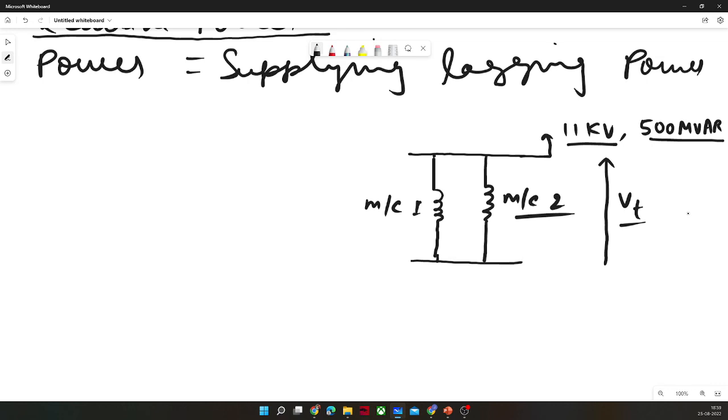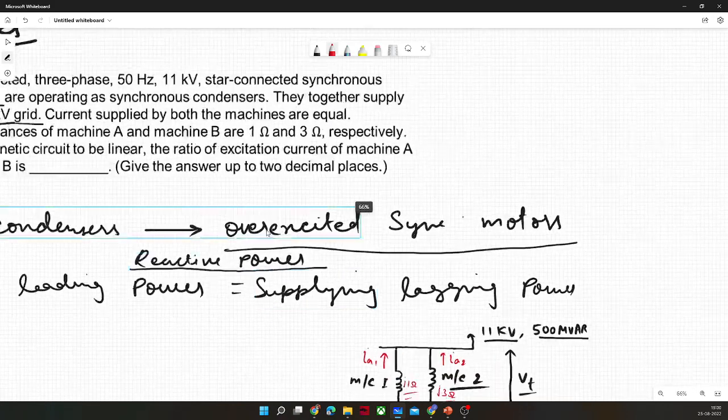Terminal voltage is same, 11 kV. Currents are also same, IA1, IA2. Currents are same, but something is different. That is the synchronous reactances of the machines are different: j1 ohm and j3 ohm. So these reactances are different. Okay, now we have to find the ratio of, let me show you the problem again.